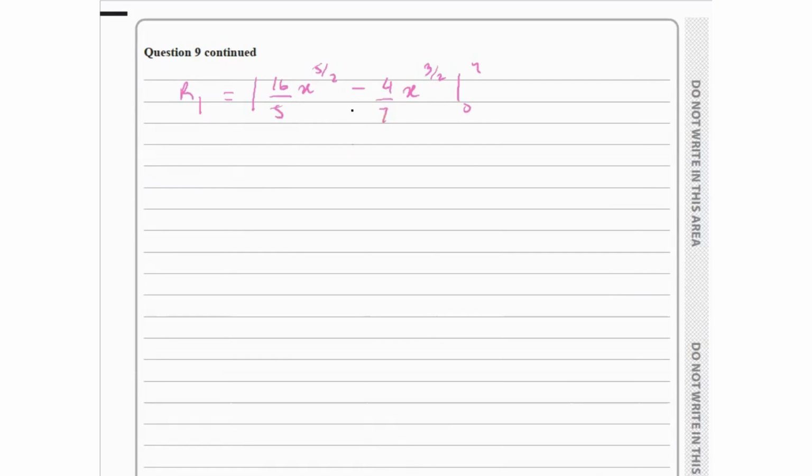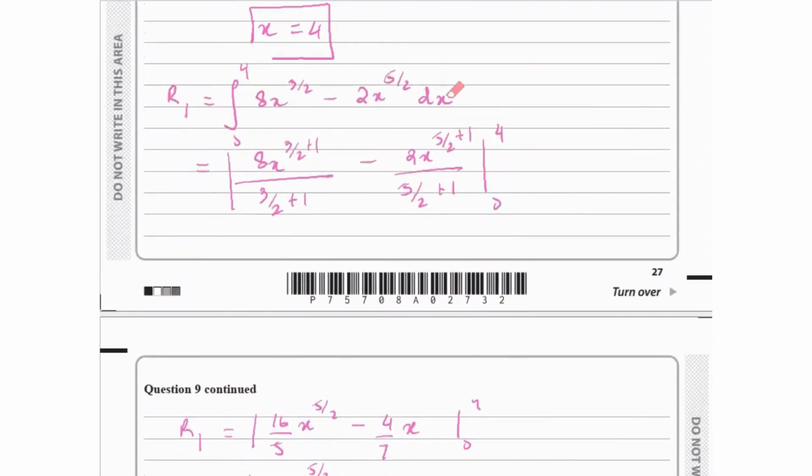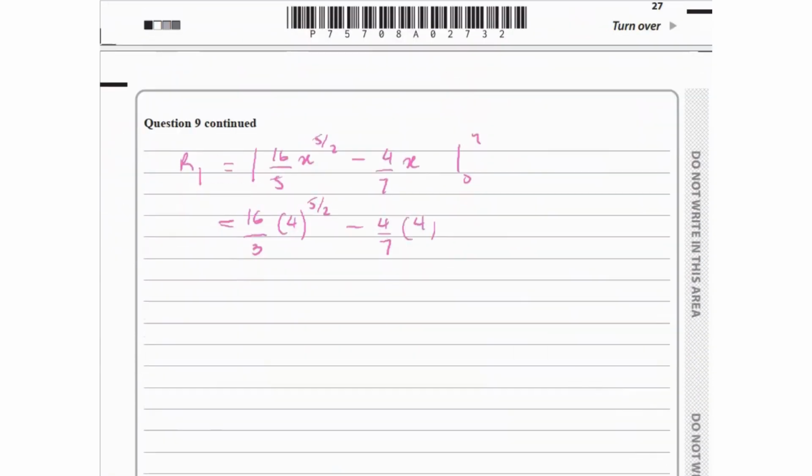Now we put in the limits, 4 first and then 0. There's no point in putting 0 because it's going to give us 0. So 16 over 5 times 4 to the power of 5 over 2 minus 4 over 7 times 4 to the power of 7 over 2. Sorry, that's 7 over 2, not 3 over 2.